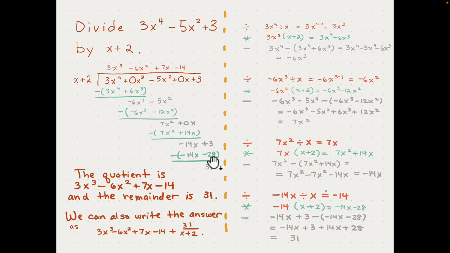So 9 divided by 2, I can say that the answer is 4, remainder 1, or I can say that the answer is 4 and 1/2. Same thing here. We put the remainder over the divisor. So in some problems, you will be asked for this form of the answer, and sometimes we will write the answer this way. So I have now completed an example using long division.